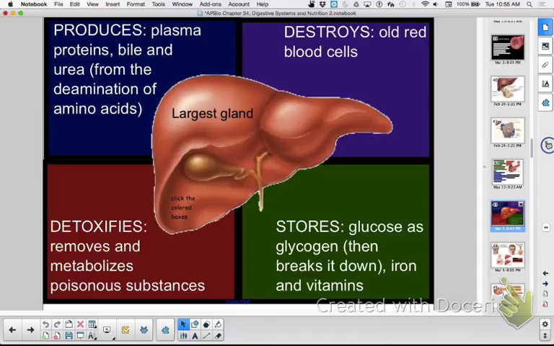Slate, explain that. Chemical mechanical digestion. Explain that. So mechanical digestion makes it into what? Smaller pieces. So this is using a chemical to make it into smaller pieces.